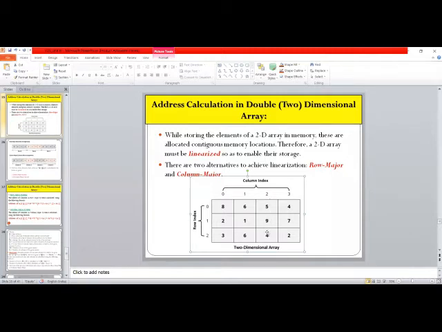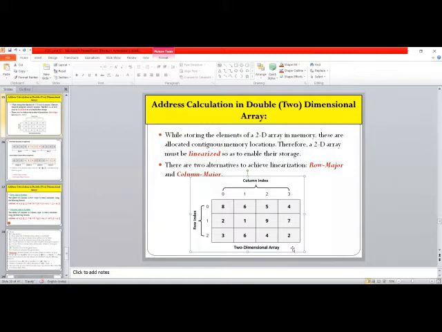Then for 9, it is A of 1, 2. Then 1, 3 is 7. Similarly, for these 3, A of 2, 0. For 6, A of 2, 1. For 4, A of 2, 2. For these 2, A of 2, 3. Like this, the elements are stored.